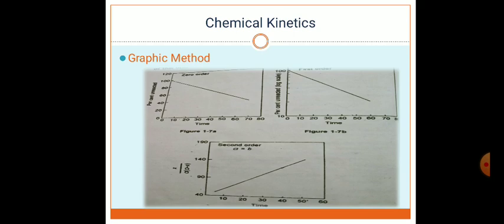Plot the data on graph paper as per the general principles of each order. We will get three graphs: zero order graph, first order graph, and second order graph. Decide which graph gives a better fit for its straight line. The reaction is considered to be of that order. That is the simple graphic method.